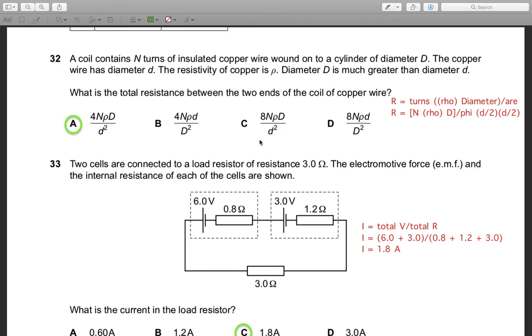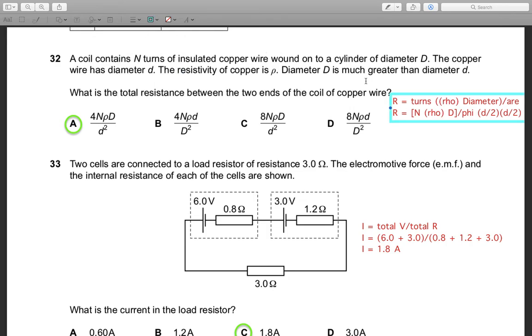This is for one loop. This is about the turns, how many turns. But if there are N turns, we put N turns into this equation: R equals turns times rho and length, divided by area.